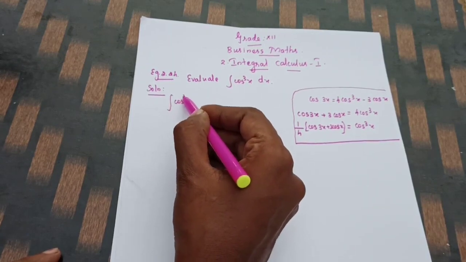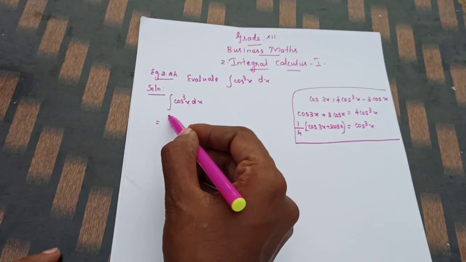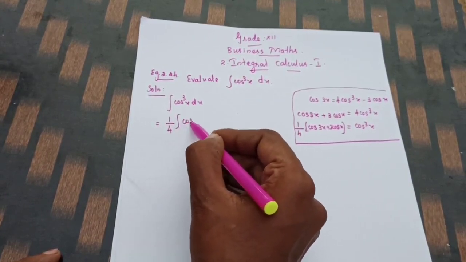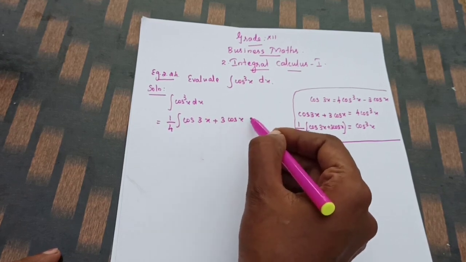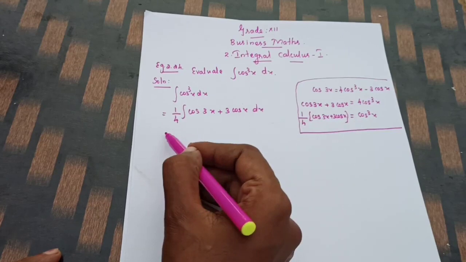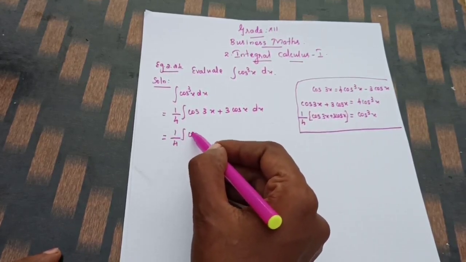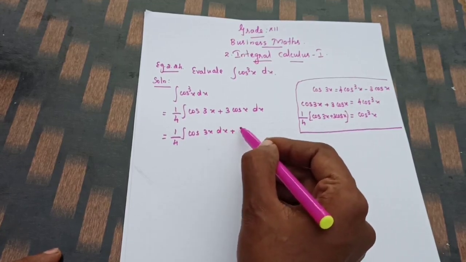The integral of cos cube x dx is equal to, substituting this here, 1 by 4, that's the constant, into cos 3x plus 3 cos x dx. That is equal to, splitting it, 1 by 4 integral of cos 3x dx plus 3.